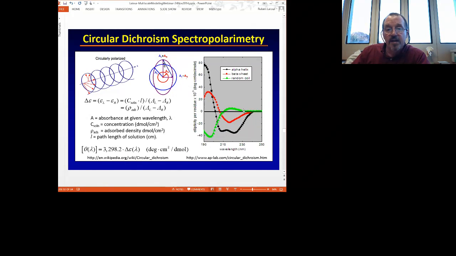By doing this, we're able to look at the secondary structural composition of proteins, both in solution and then after we adsorb the protein to our surfaces, to see how the adsorption affects the secondary structure. And again, this is data that we can compare directly with our simulation results.